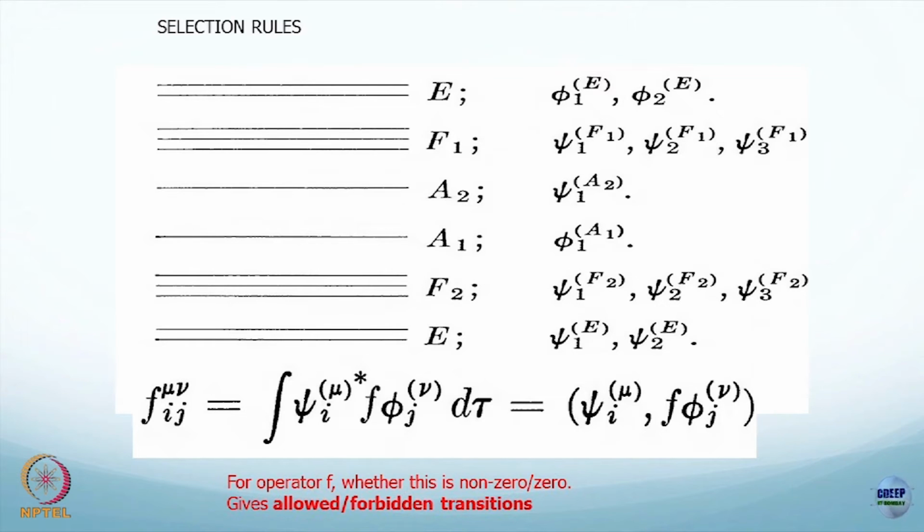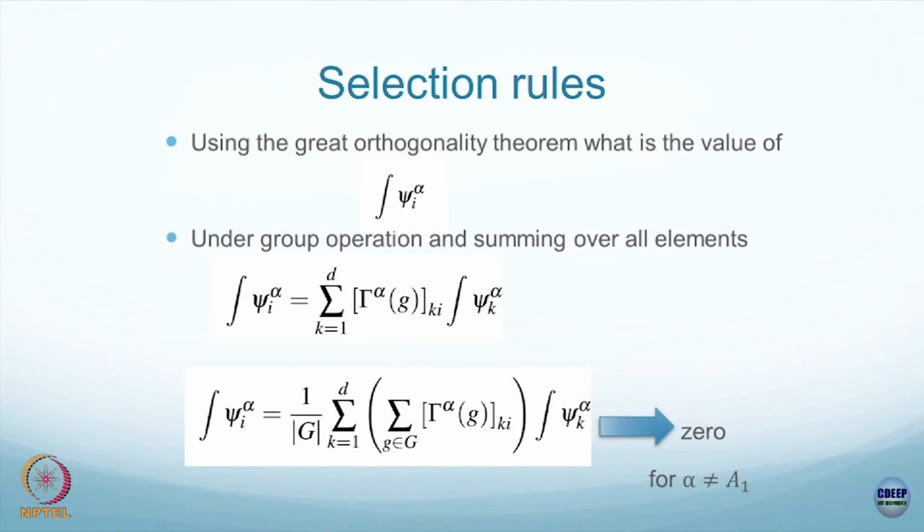Clear? If it is 0, you say that going from the state phi j in the irrep nu to this one, triggered by this operator or this interaction, is not possible. That is the elaborate meaning of this expression. So, for operator f, whether this is non-zero or 0 gives allowed or forbidden transitions.